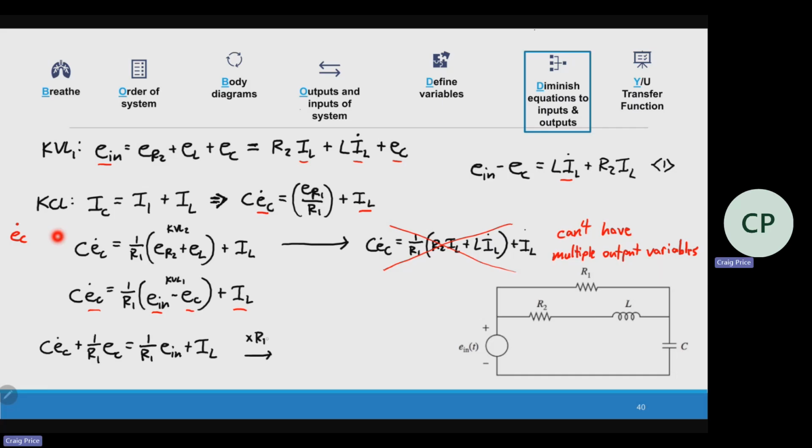And we can simplify this a little bit by multiplying everything by R1. So now I have two first order equations, one with an EC dot, one with an IL dot.